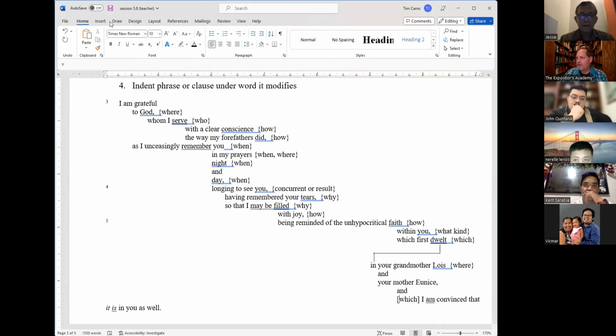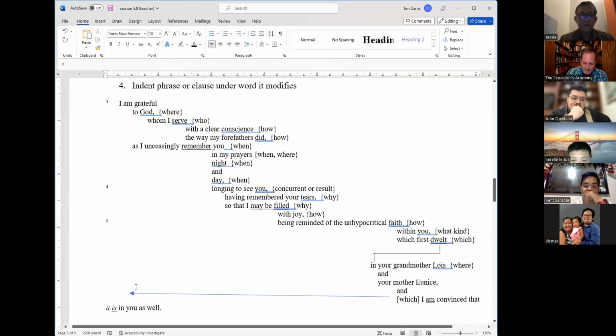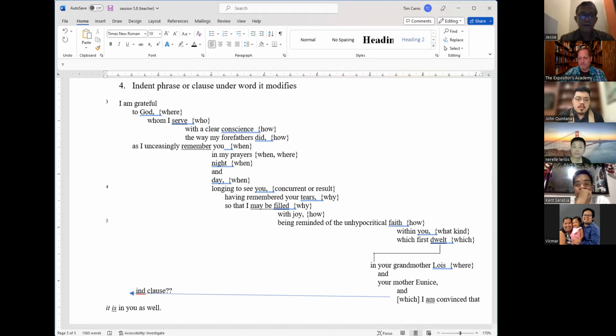And you can put on the diagram, I use arrows to do this. If I'm not sure, I might also put it over here. And then just say, okay. So that's another possibility.